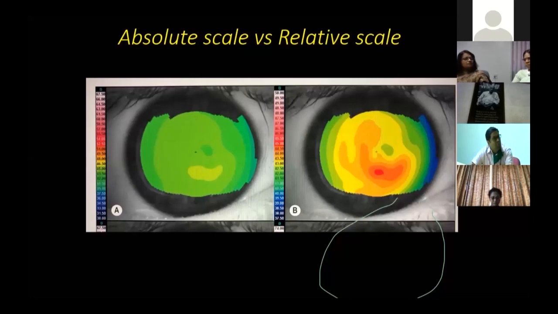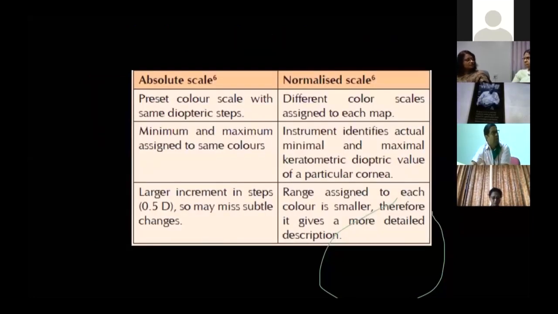Why is this important? Because in the absolute scale, we can preset the same color for all types of maps, whereas in the other mode, we can have different color modes for the different maps. So in the absolute scale, the minimum and the maximum are assigned the same colors, whereas in the normalized scale, you get the actual minimal and maximal keratometric diopter values of a particular cornea.